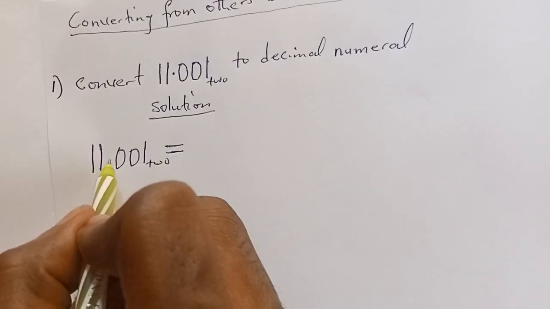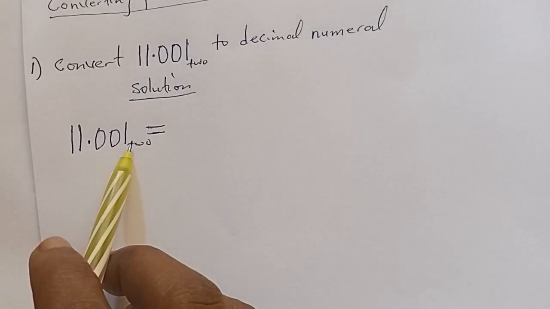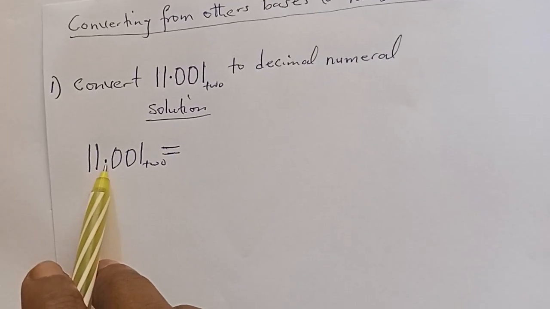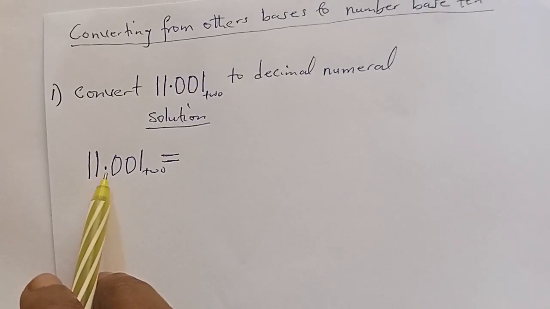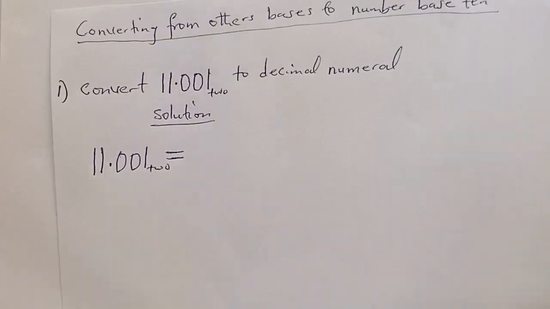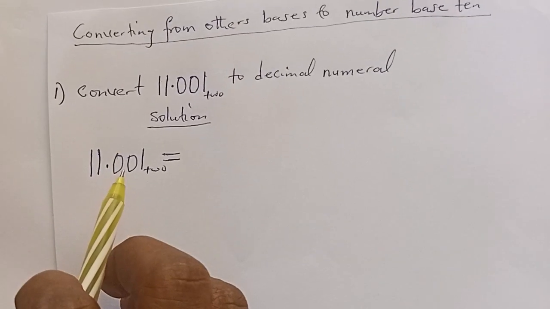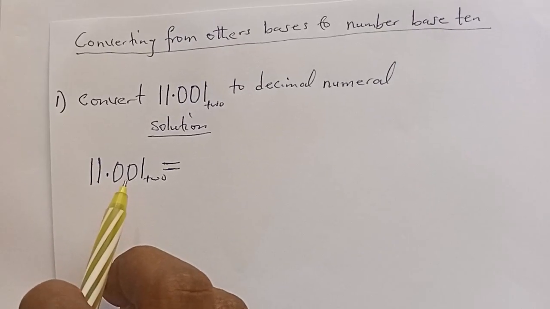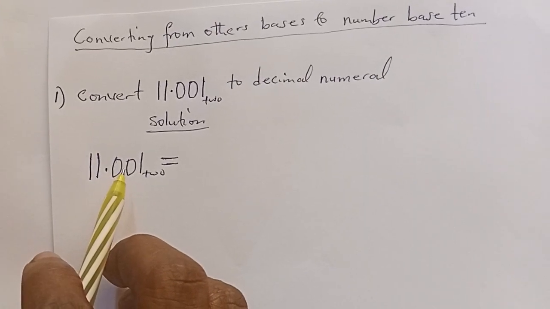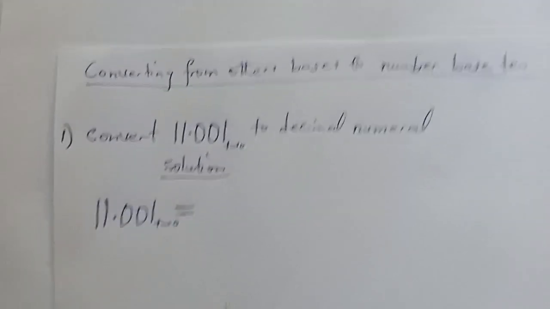But across the decimal point, we know that we'll be decreasing by a negative power. It's just like saying 0 times 2 to negative 1. So this will be negative power of 1, negative power of 2, and negative power of 3. Now I've solved this so you can see what we're trying to say.